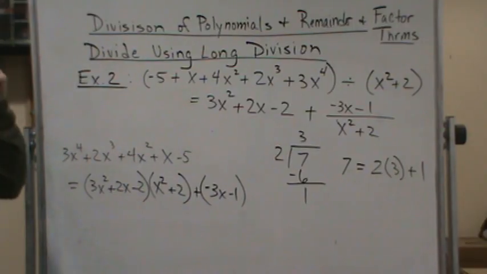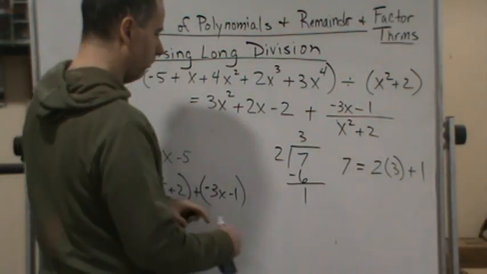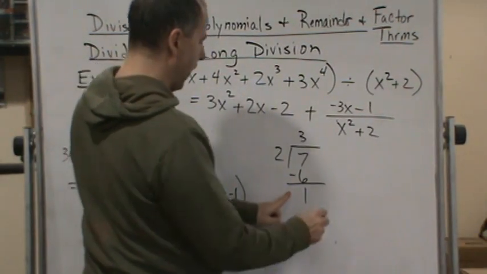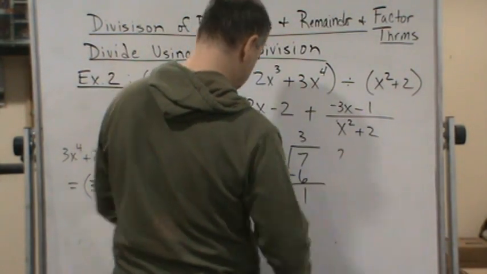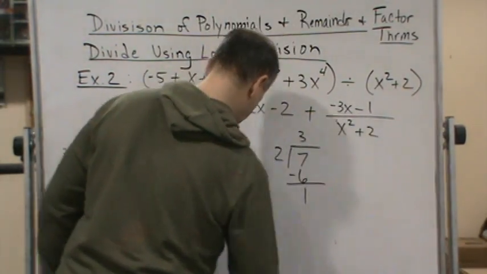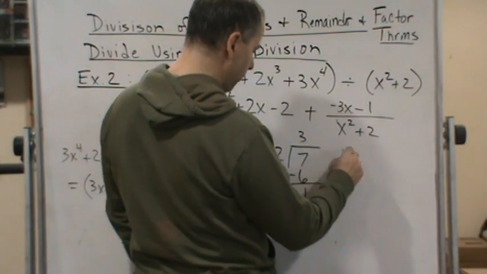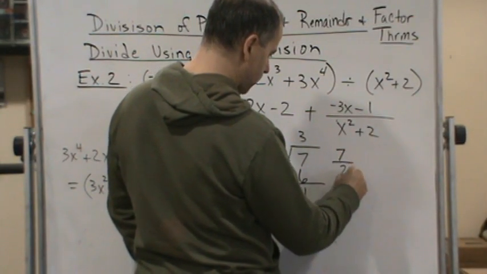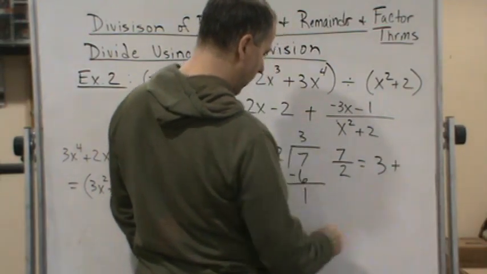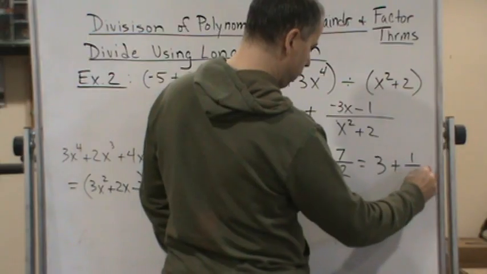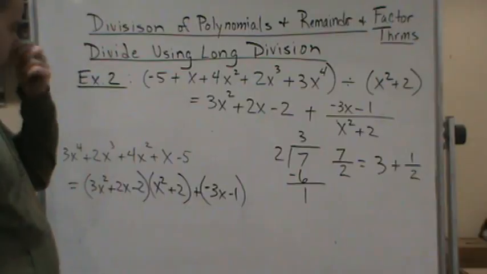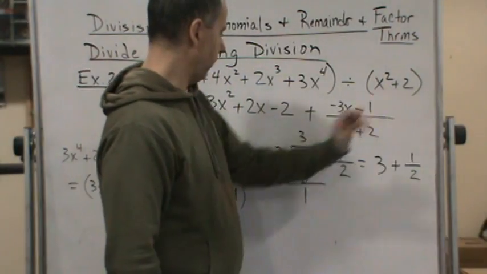Or we can write the problem 7 divided by 2 as equal to 3 plus 1/2, which is this right here.